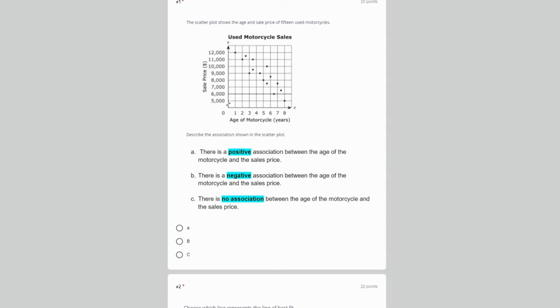B. There is a negative association between the age of the motorcycle and the sales price. Or C. There is no association between the age of the motorcycle and the sales price. Choose the best answer choice.